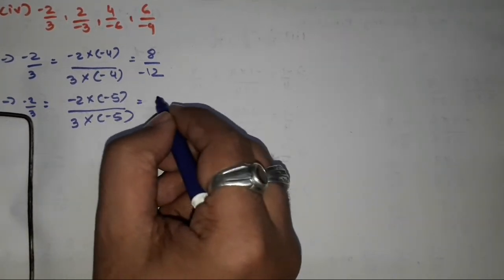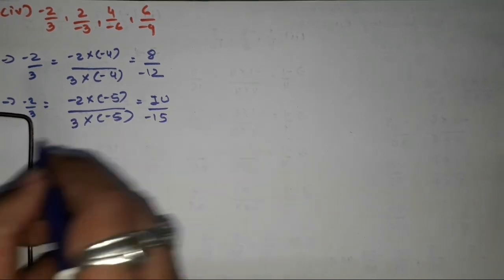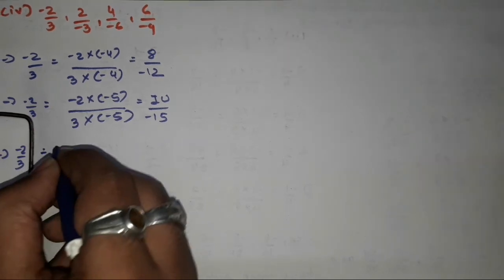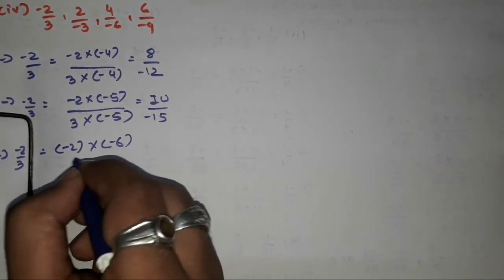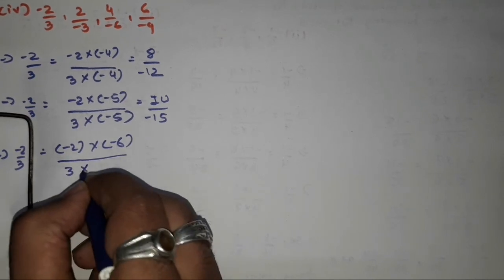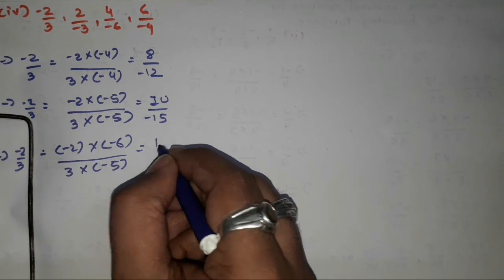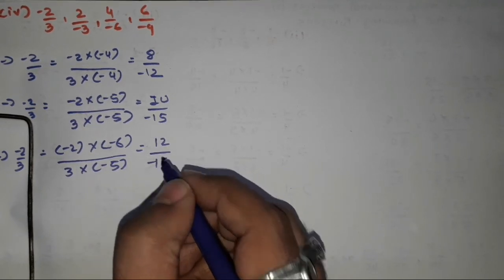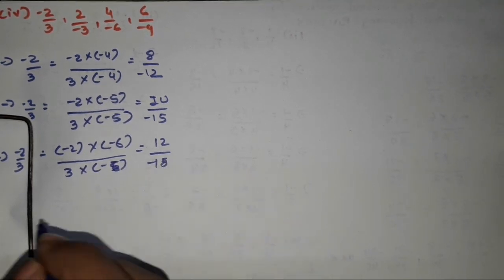So minus 2 into minus 5 I will get plus 10 upon minus 15. Similarly the next one, after 5 I will take 6, multiplied by minus 6 upon 3 multiplied by minus 6. So minus 2 into minus 6 will be 12 upon minus 18. Sorry, 3 into 6 is 18, so here I will get 18.